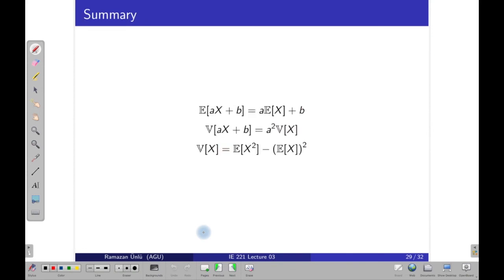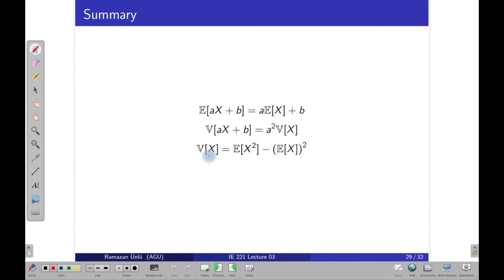Okay, so in summary, we have three important equalities. The first one, the expected value of a times x plus b is equal to a times expected value of x plus b. The second one is the variance of a times x plus b is equal to a squared times variance of x.